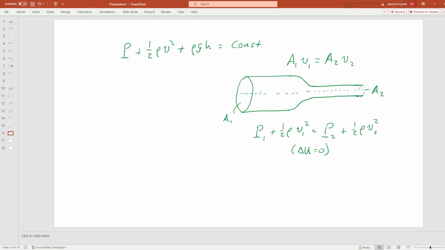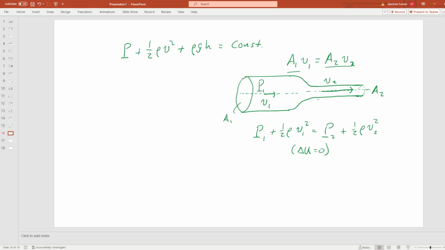Okay, so my pressure P1 in this region with velocity V1, when I constrict my pipe, the velocity increases, inversely proportional to the ratio of the areas.